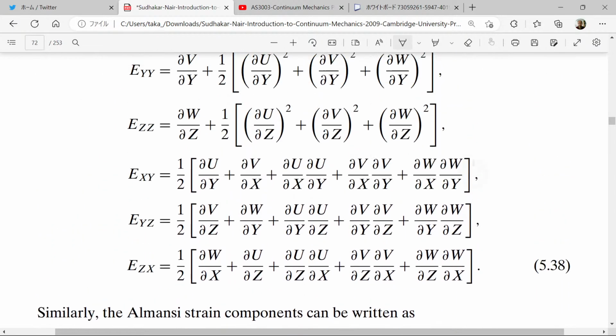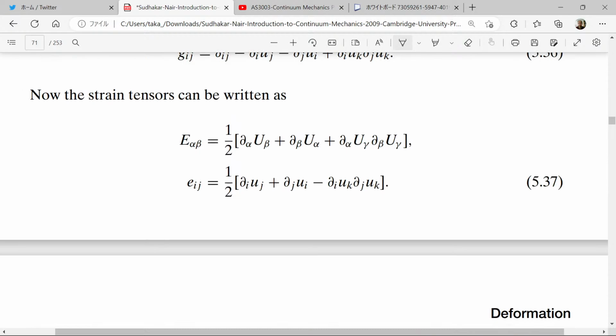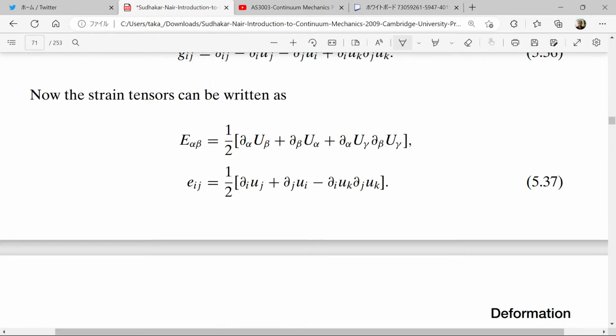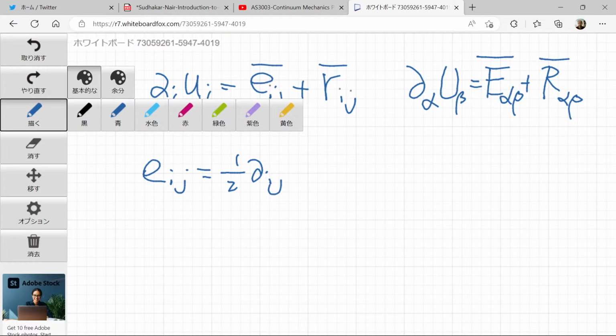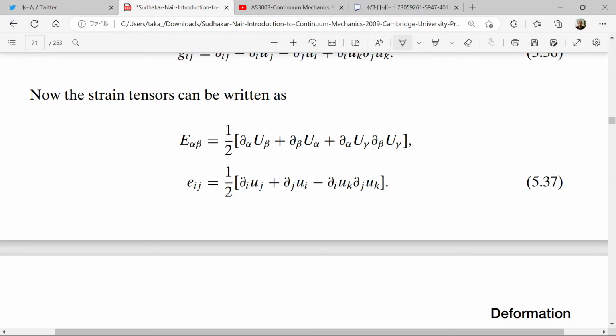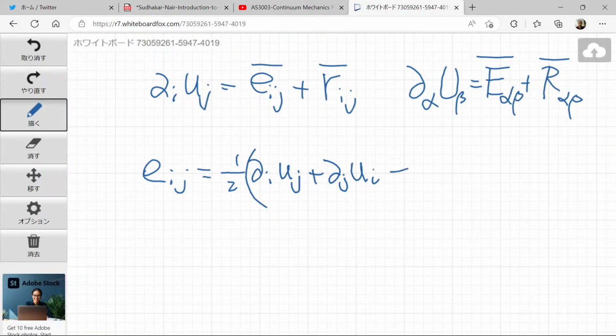The original definition goes like this. E_ij equals 1/2 of partial i u_j plus partial j u_i minus partial i u_k partial j u_k.